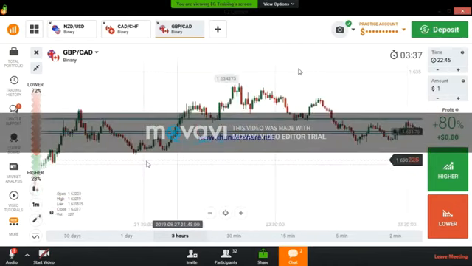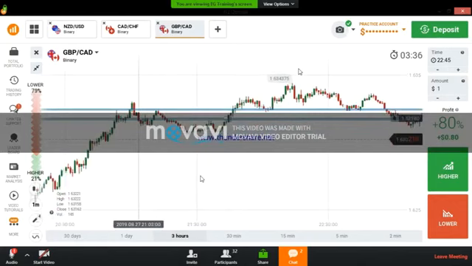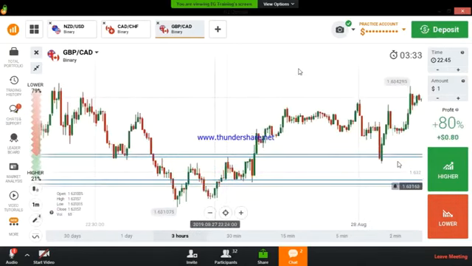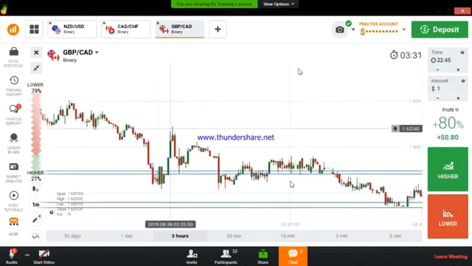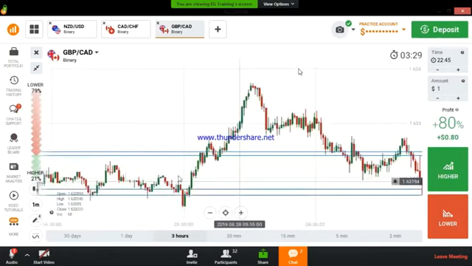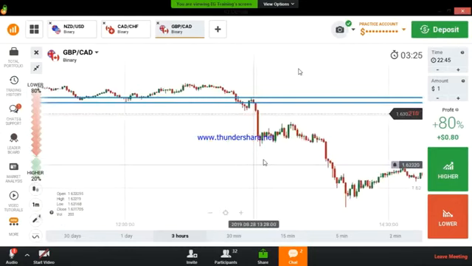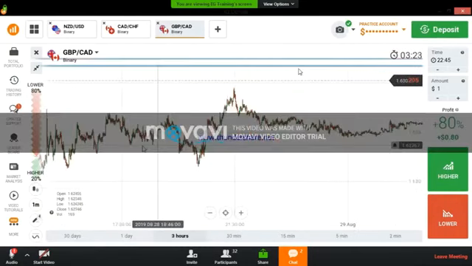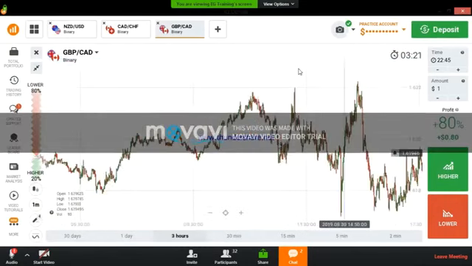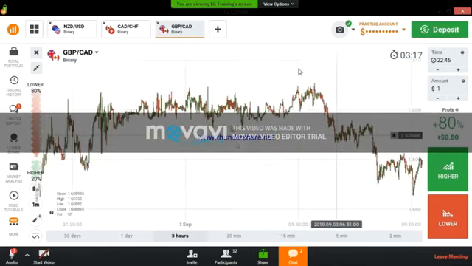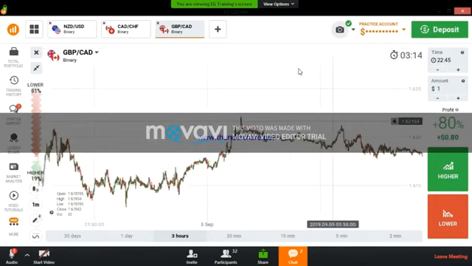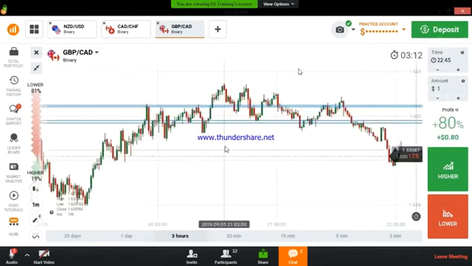There is a level here, but it doesn't reverse. There is no fake breakout too. Okay, reversal. Okay, no reversal. So the above level is working as a strong level. So we can trust that level mostly.